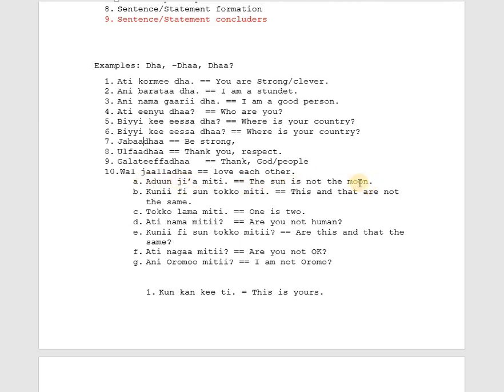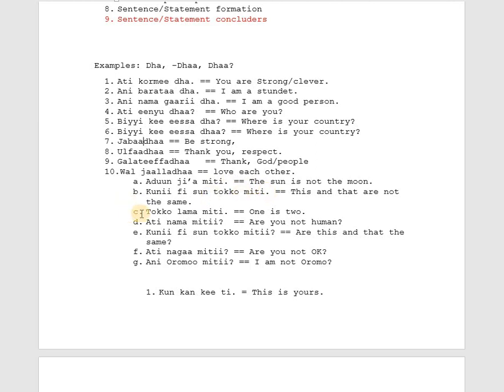Kunifi sun tokko mit. This and that are not the same. This is still a statement, it's not a question.